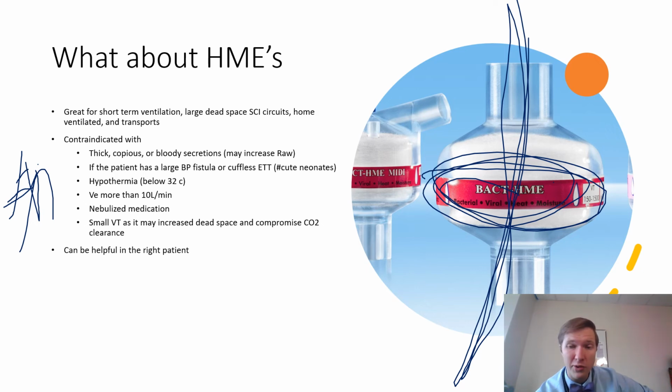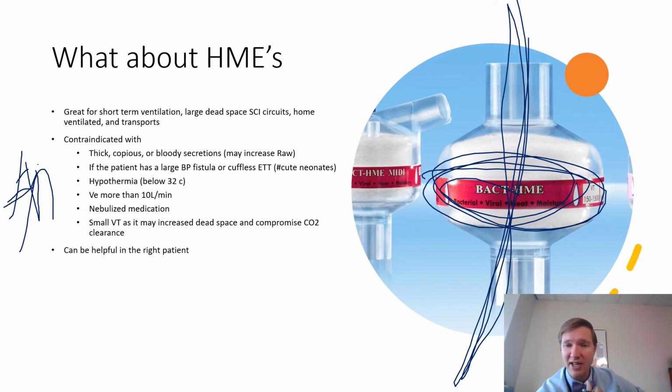So if the patient's cold to begin with or hypothermic, then obviously that's not going to be very effective. If their minute ventilation is over 10 liters per minute, we need to watch out for that, because if they're breathing very fast, very deep, it's not going to be enough to catch up with them. That could be very potentially hazardous, and they can dry out very easily.